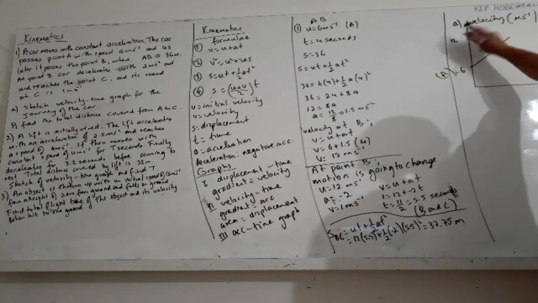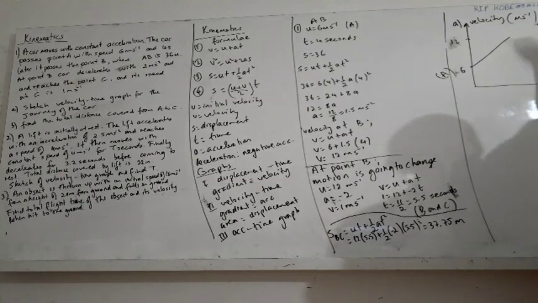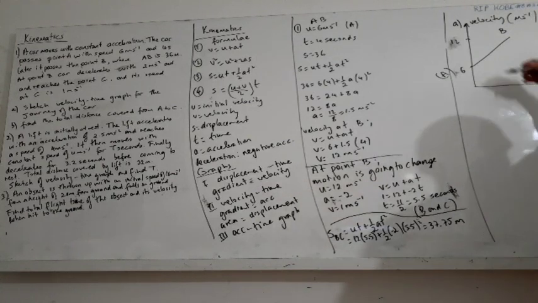At point B, the speed is 12 meters per second, and we reach B in 4 seconds. The car reached B in 4 seconds.